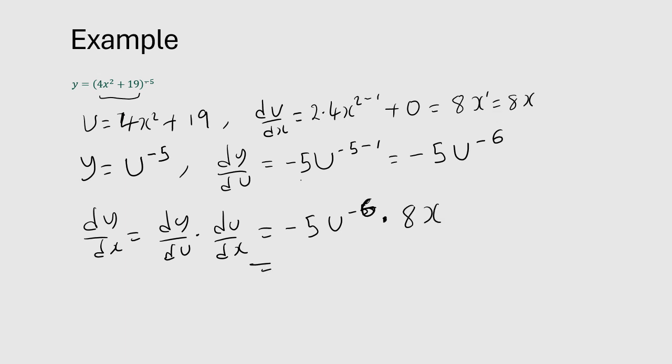From here I can multiply 5 and 8 to get minus 40u power minus 6 x. Our u is 4x squared plus 19, so it's minus 40x times (4x squared plus 19) power minus 6, and that's all.